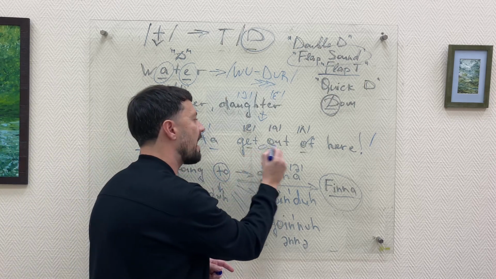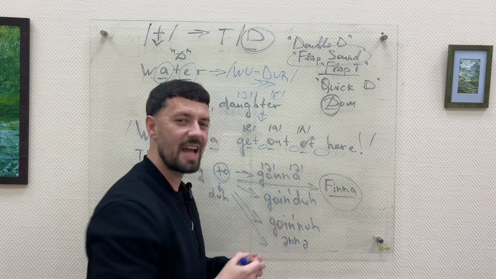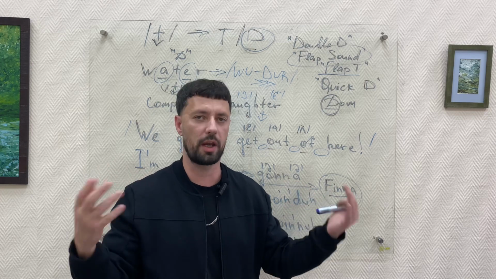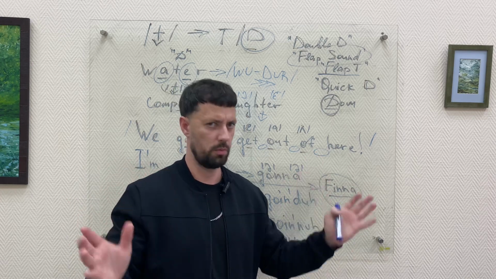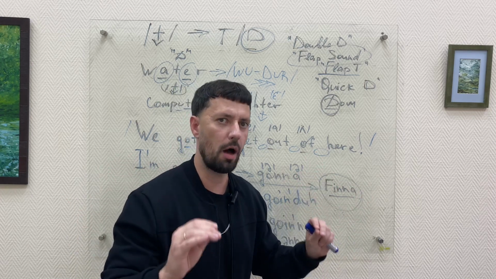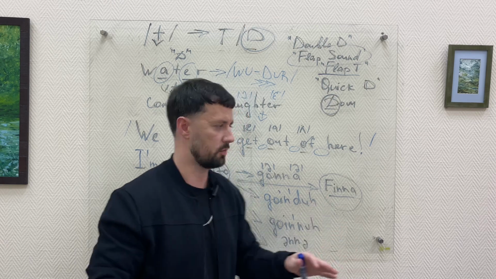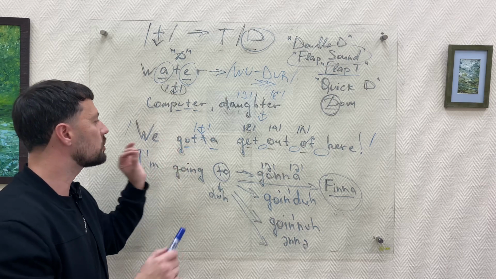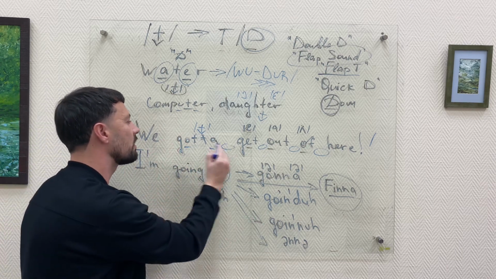Keep in mind, everything has got to be connected in spoken English, in fluent, everyday English. Again, we're talking about American English, also known as lazy English. So we gotta get out of here. We need to connect every single thing.